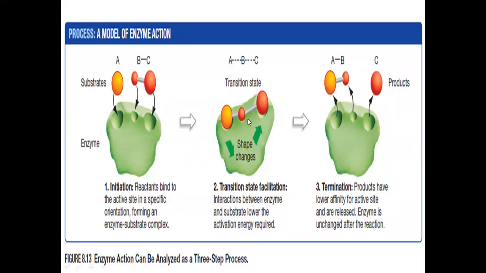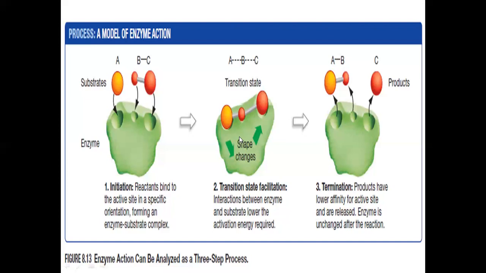What happens is that there is an interaction between the substrate and the R group, the side chain in this enzyme's active site, which lowers the required activation energy for the reaction. Thus, this explains why the catalyzed reaction proceeds much more rapidly than the uncatalyzed reaction.